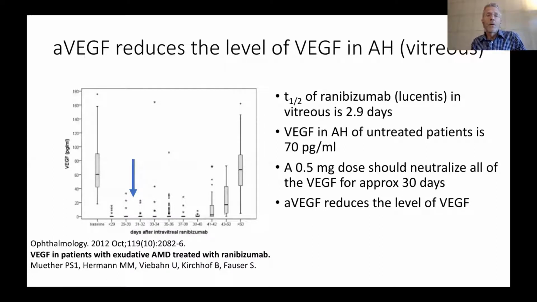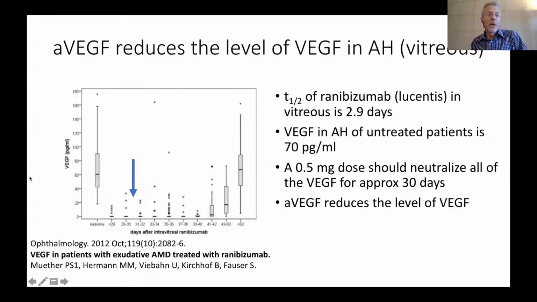So here's a study that measured the concentration of VEGF in patients with neovascular AMD. It measured the level of VEGF in the aqueous humor instead of the vitreous, because aqueous humor sampling is less invasive than vitreal sampling.